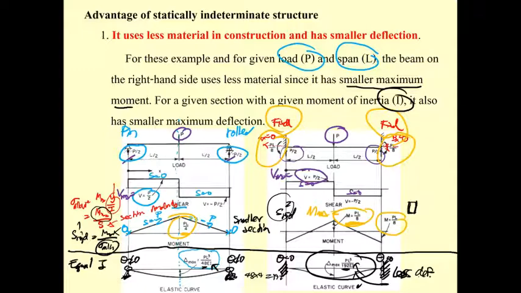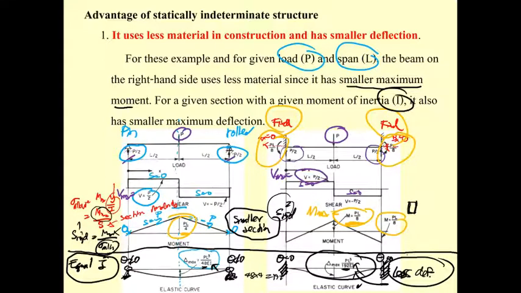That is the advantage of the statically indeterminate beam. In short, if you design the beam based on the bending moment, you will get the smaller section. If the beam has the same I, the deflection is going to be less.